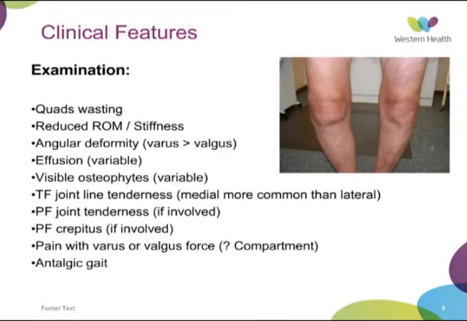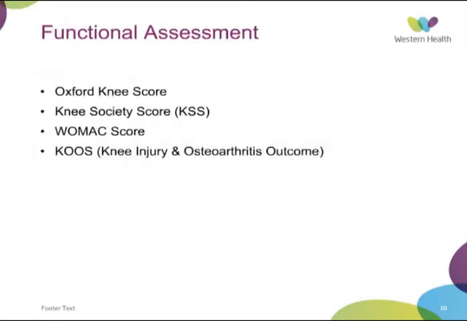They may complain of tibiofemoral joint line tenderness, whether it's medial or lateral, and also patellofemoral joint tenderness if that joint's involved. Joint crepitus, and also pain with varus or valgus forces when you range the knee may indicate which compartment's involved. They also often have an antalgic gait.